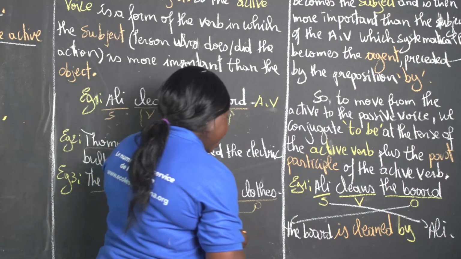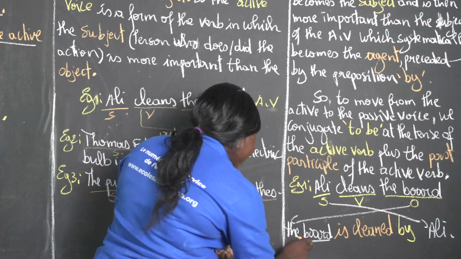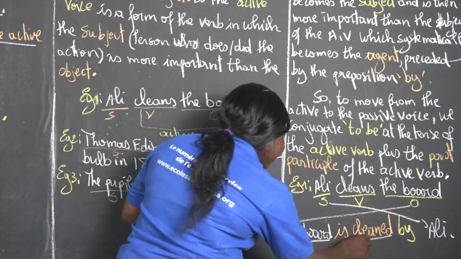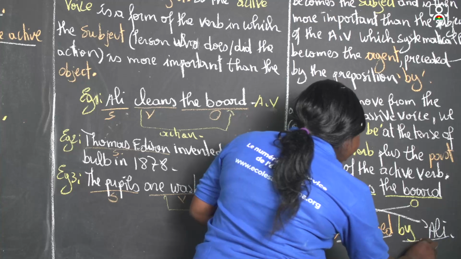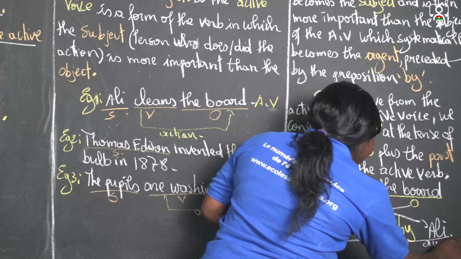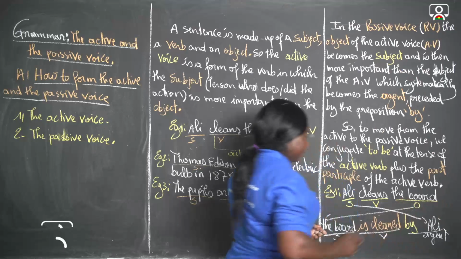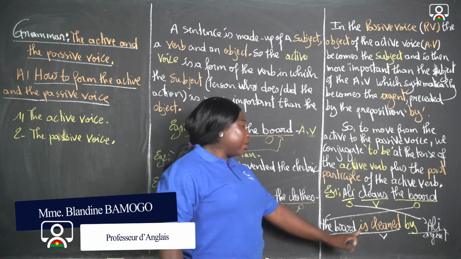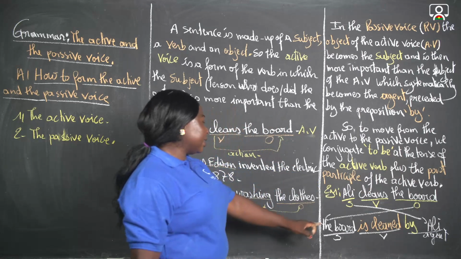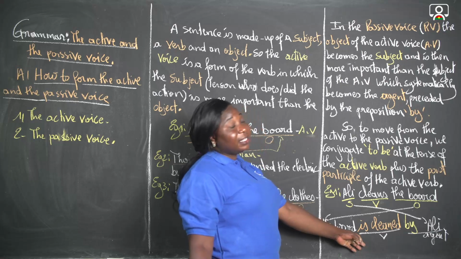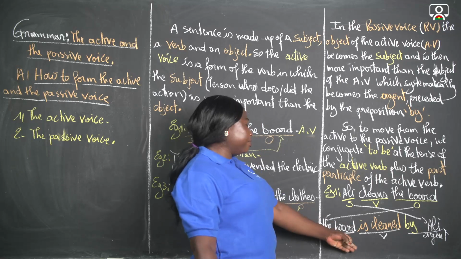Now, we have here subject, verb, and agent. The board is cleaned by Ali. So this is a passive sentence, a passive voice.